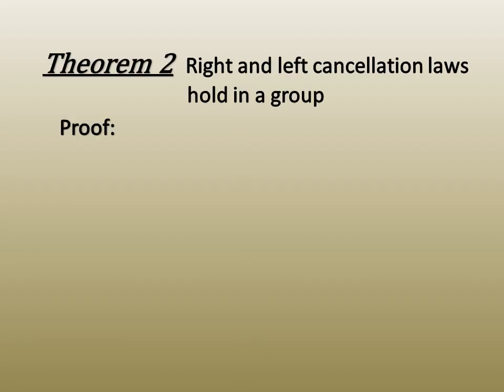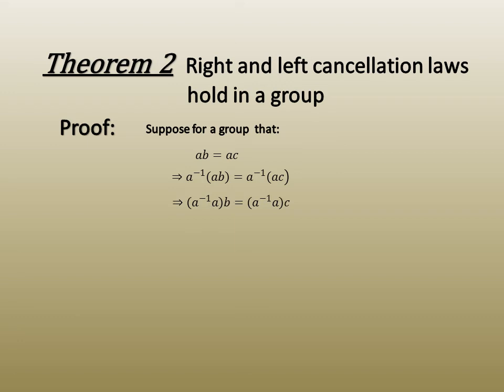Now we prove that right and left cancellation laws hold in a group. Suppose that for a group, A times B equals A times C. Multiply both sides on the left by the inverse of A, then use the property of associativity and the definition of an inverse element to reduce the equation to E times B equals E times C. Then by the definition of the identity element, B equals C. The right cancellation law can be proved similarly.